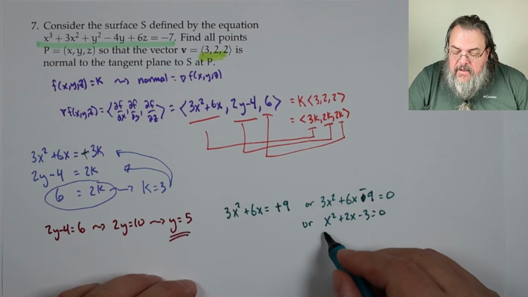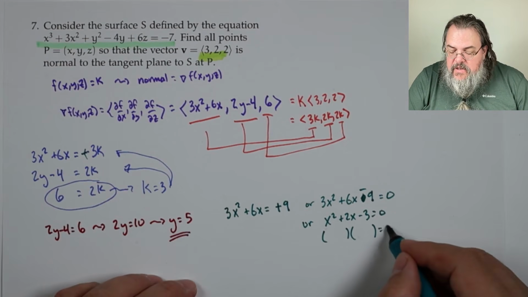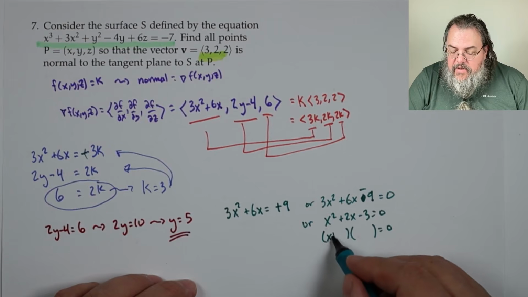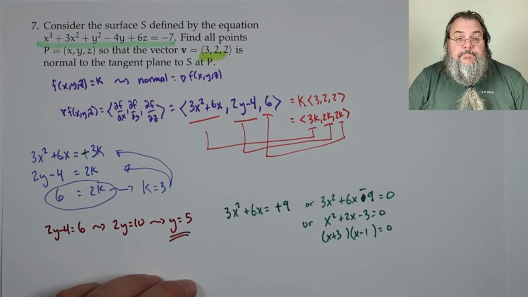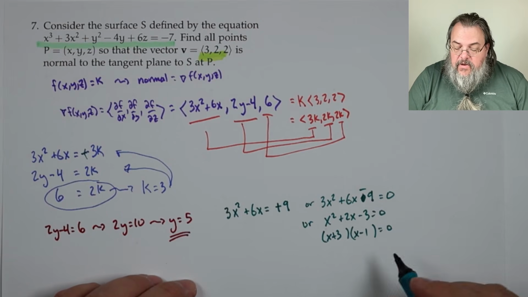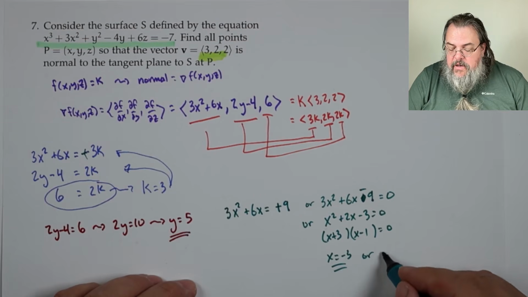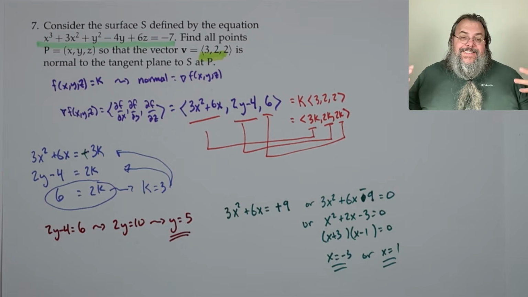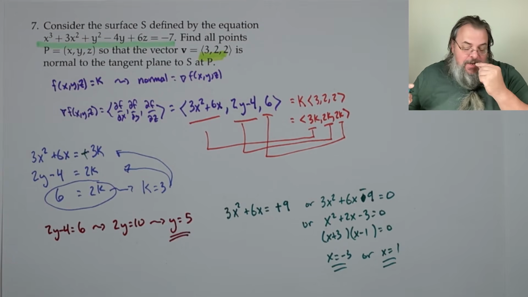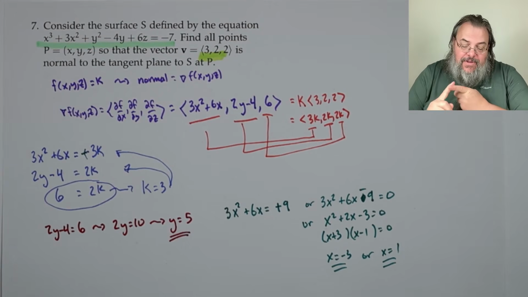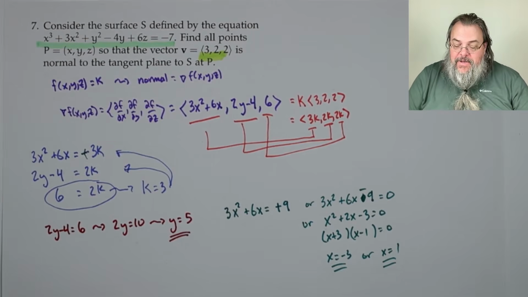Now that factors as (x plus 3)(x minus 1). So we get x equals negative 3 or x equals 1. We know our x value can be one of two things, and our y value is determined.